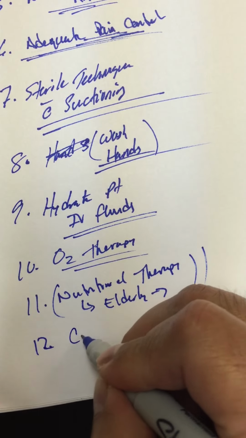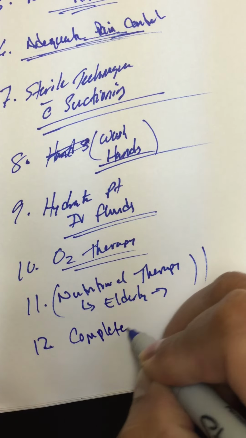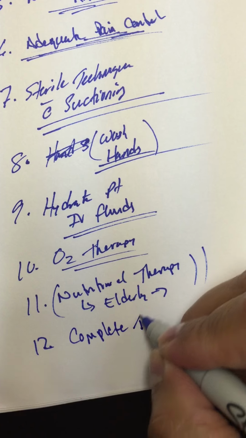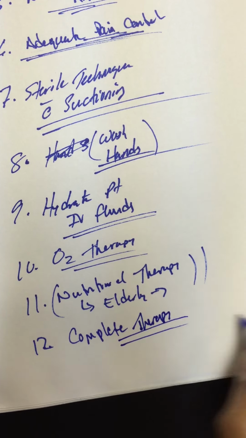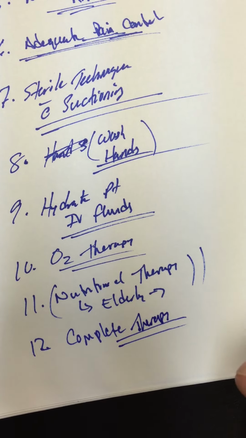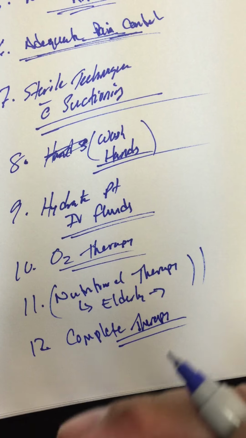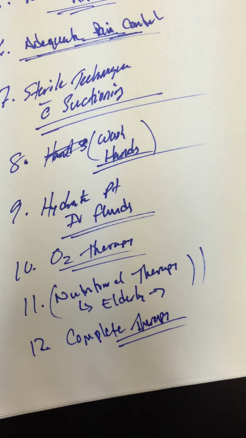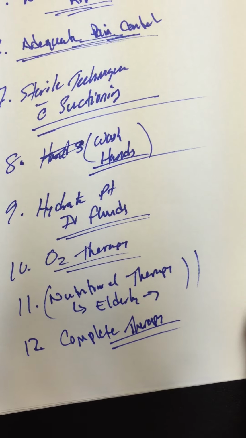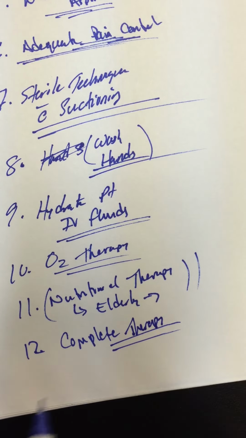Now with your patients, you always want to tell them to complete or finish all their antibiotic therapy, whatever medication that they're taking, make sure they complete it, make sure they finish it. A lot of patients will stop taking their medication after maybe a day or two. They might get a little bit of relief, fever goes away, coughing stops, and they stop the medication. Well, that is a problem, because if they stop the medication, that still allows for some of those bacteria, viruses to continue causing problems.